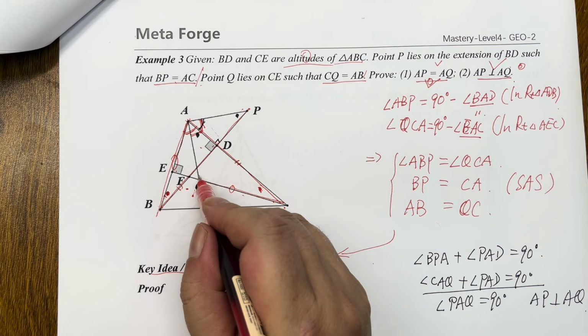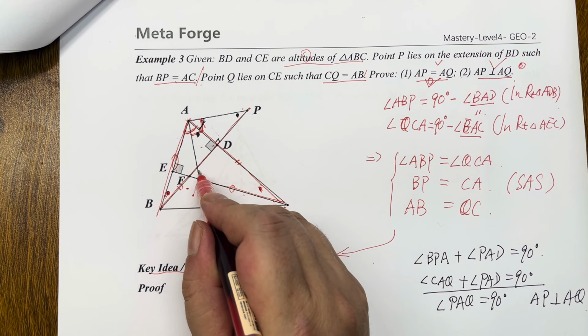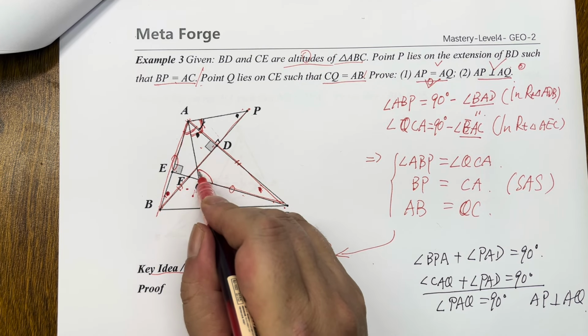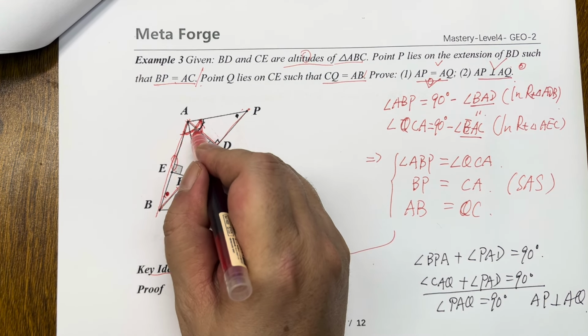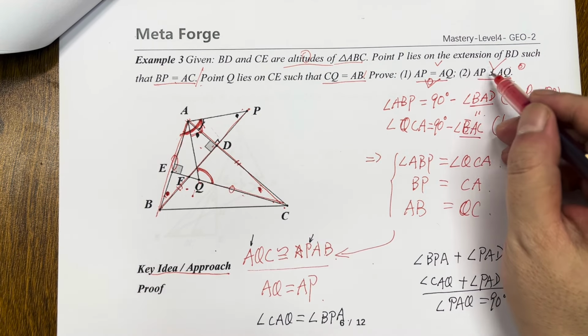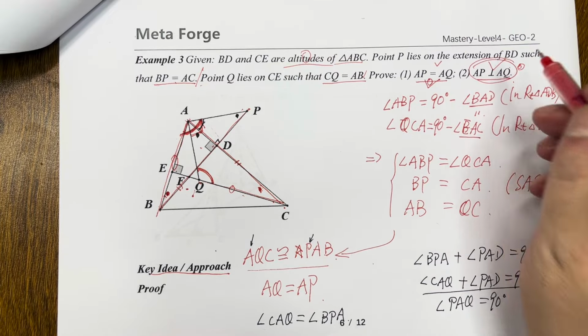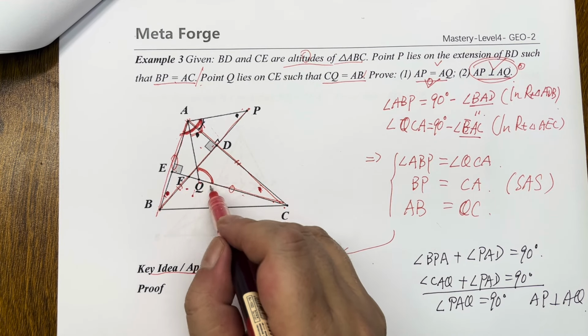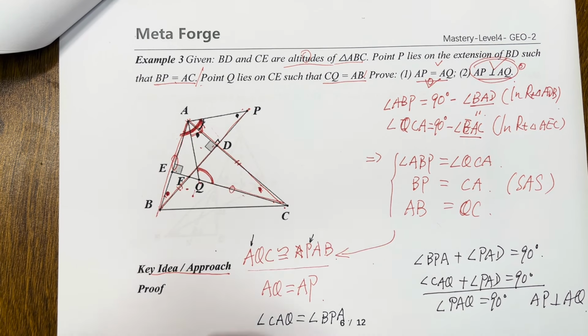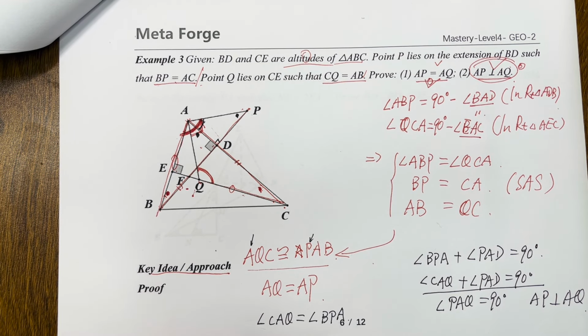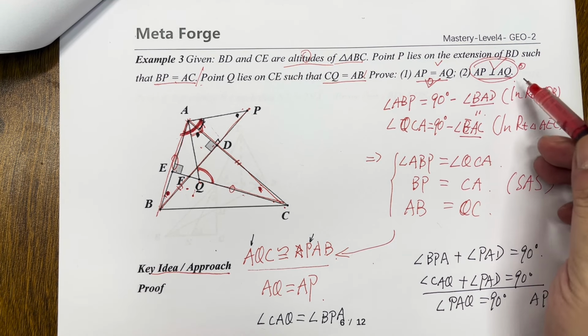But how about this? This angle equals this angle. Can you draw this conclusion out? The Q, so big, equals angle A, so big. From chasing the angle around, we can draw the conclusion too.